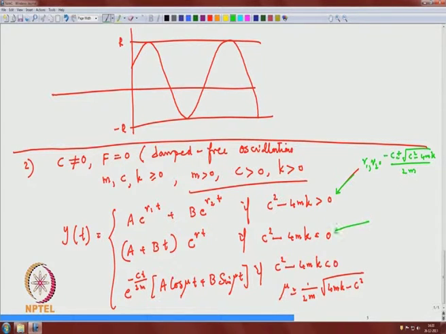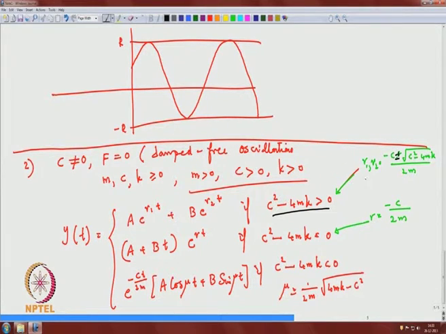Here your root should be minus c by 2m, and look at it, some interesting observation. c square minus 4mk is the positive case. In that case, it is a positive quantity, whether you put minus sign or plus sign, in absolute value it will be smaller than c by 2m.